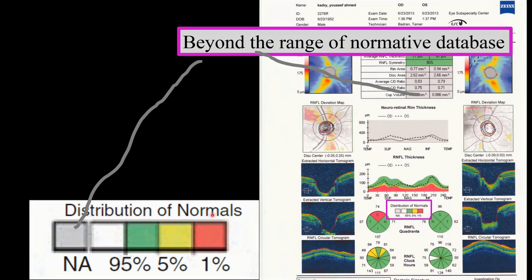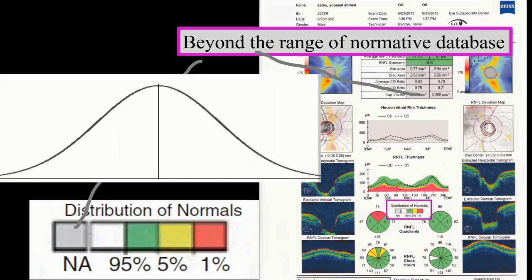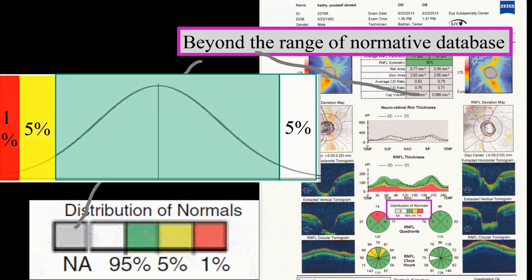Gray means that the values here are beyond the normative data, or as in this example, it means that there is no normative data. So white means occurs in 5% high, yellow in 5% low, red in 1% low.